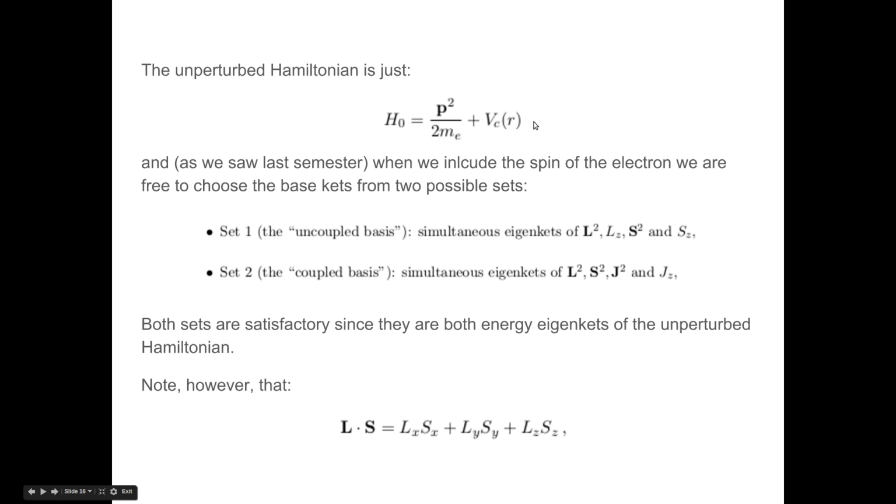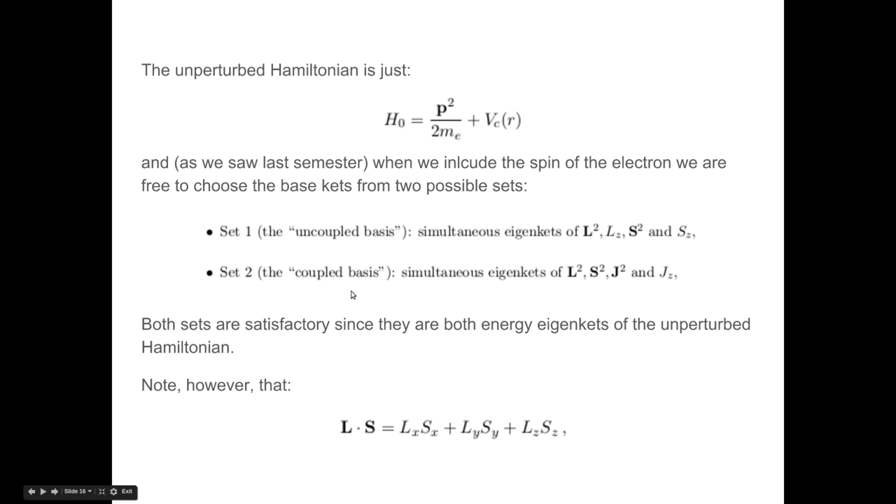Whenever we have two angular momenta, we have a choice of which basis kets to use. The first choice is what we call the uncoupled basis. This is where our eigenkets would be simultaneous eigenkets of the L squared and LZ operators, as well as the S squared and SZ operators. So these are totally uncoupled, right?